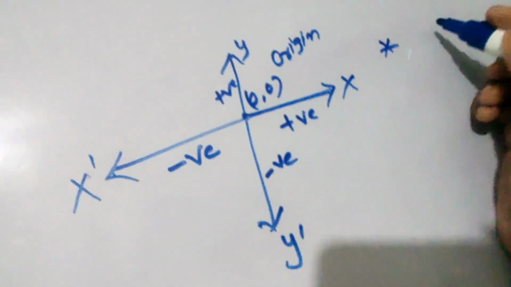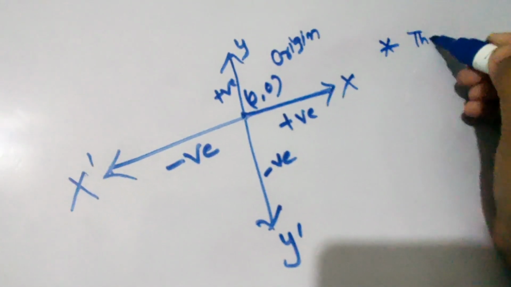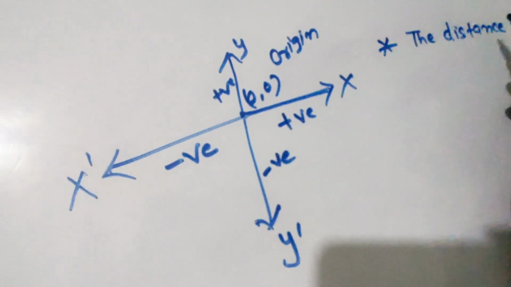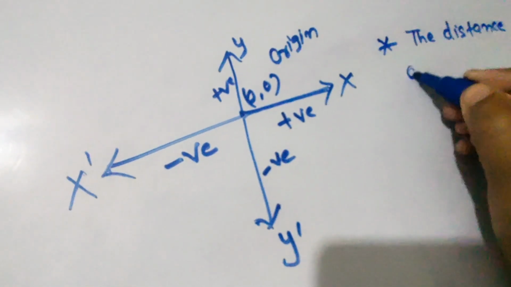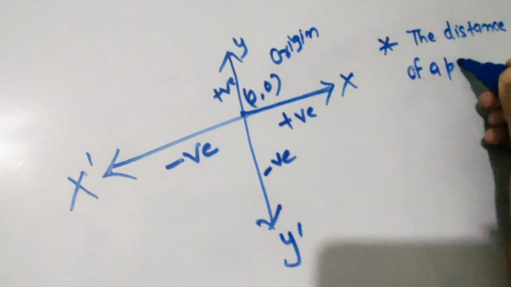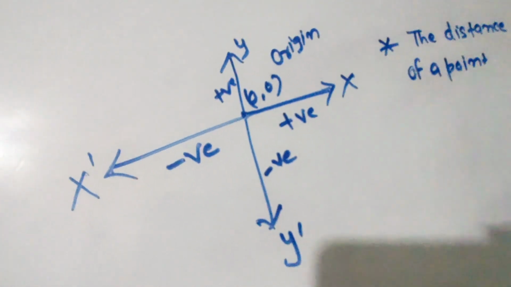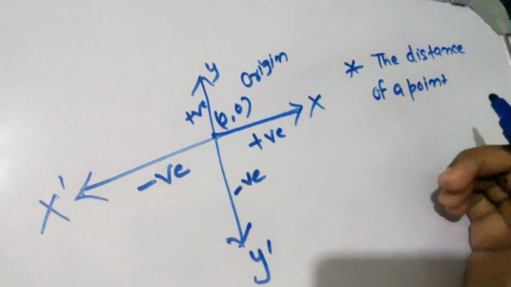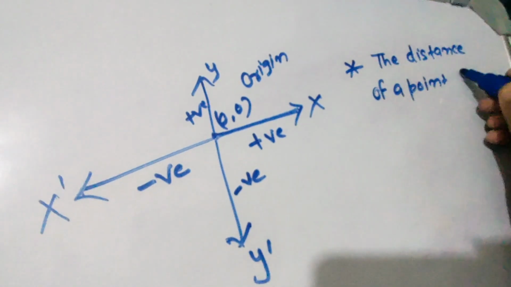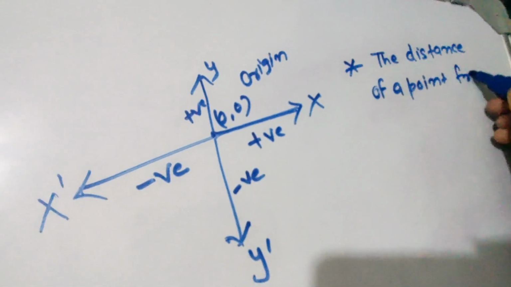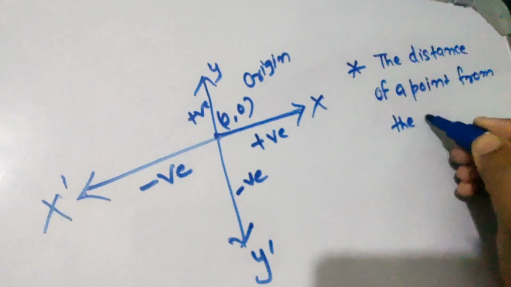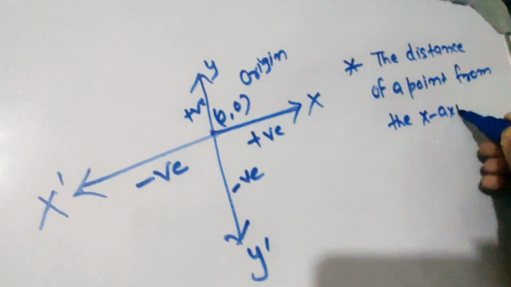The first point is the distance of a point from the x axis.